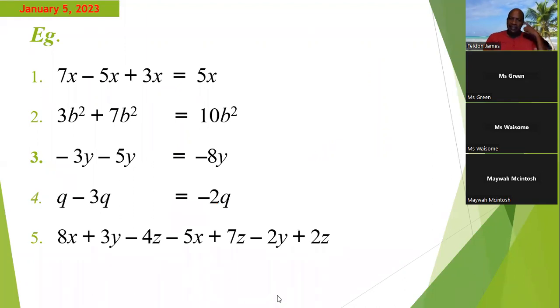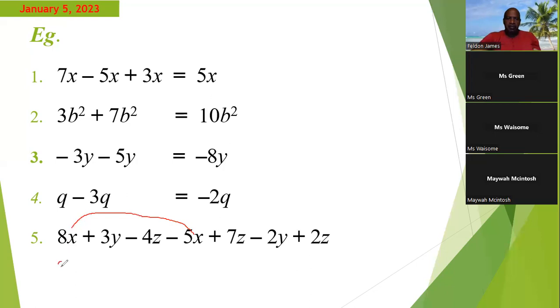Now here we have an expression. Within this expression, though, we have a number of terms. A group of them are alike. And so what we want to do when we're simplifying such an expression is group the like terms together. The ones that have the same variables, we group them together.